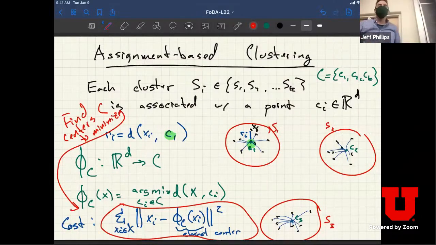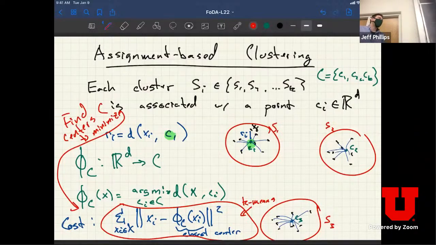Yeah. So will this suffer from the same issue that linear regression did when you had a large number of powers, where you could just have a center for every point? Yeah, right. If I don't specify K, yeah, in this case, I'm given K. K is given as input to this version of the problem.